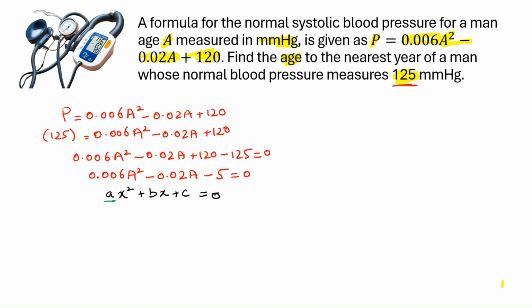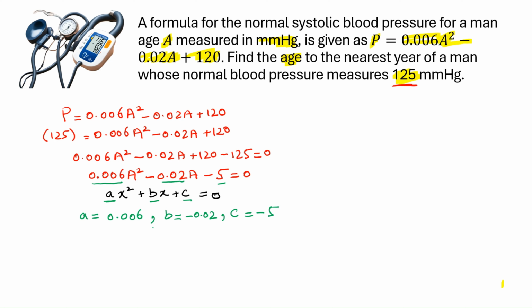You can see our a here is 0.006. Similarly, my b value is minus 0.02, and c here is equal to negative 5.